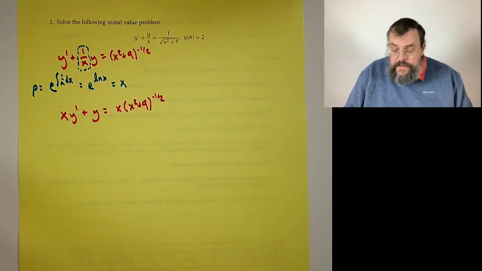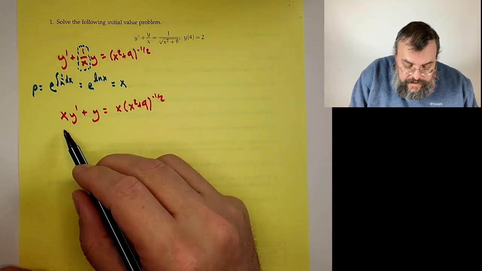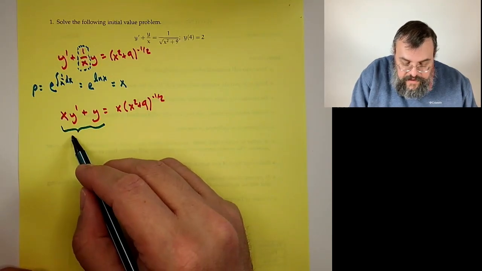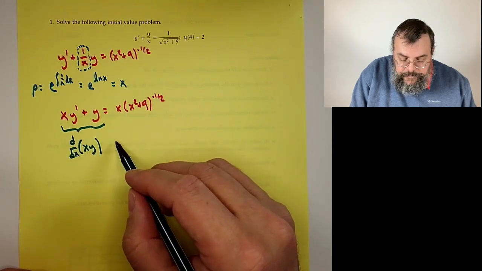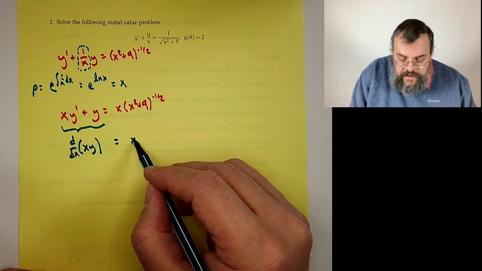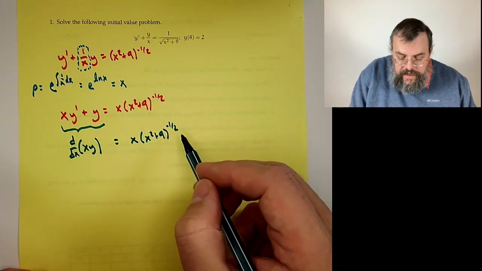The reason we're doing this is because when we multiply through, this side is now a derivative. It's the derivative of x times y. So the derivative of x times y is x times x squared plus 9 to the minus 1/2.